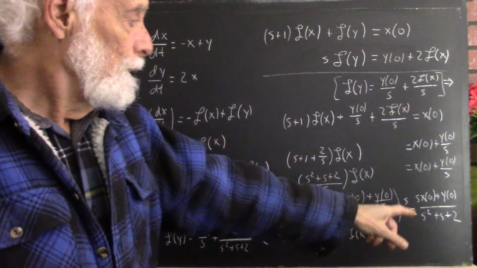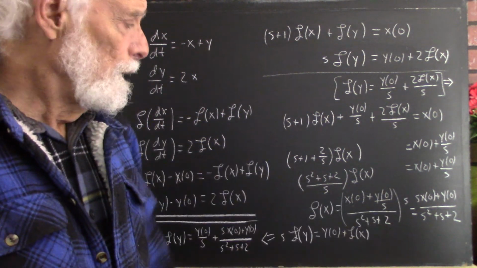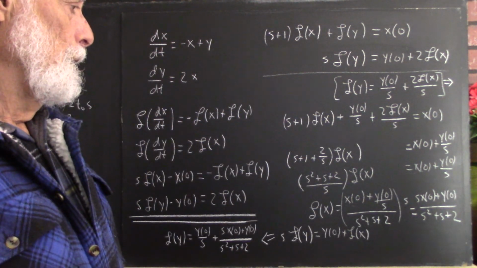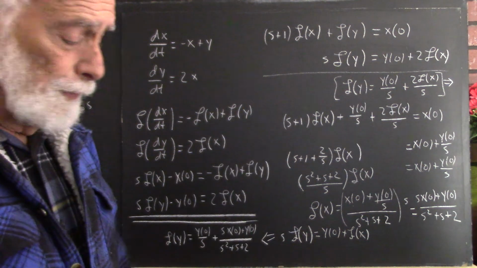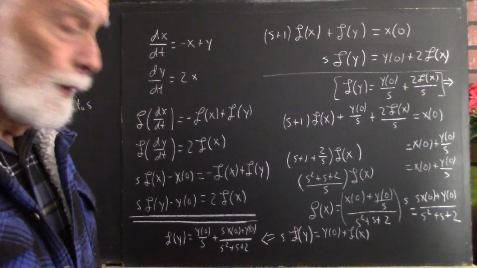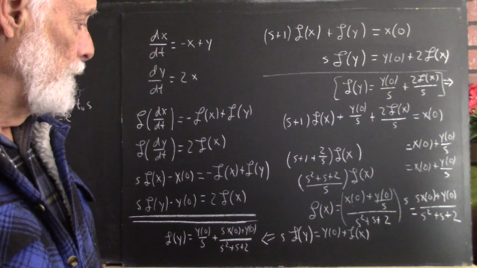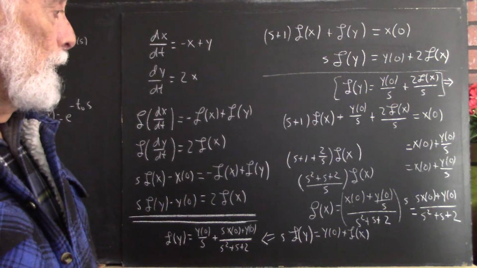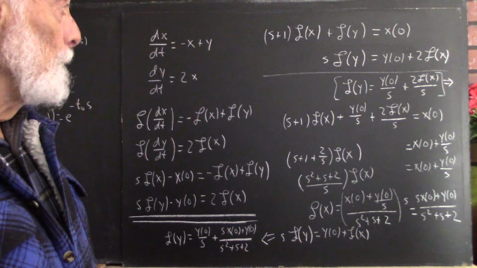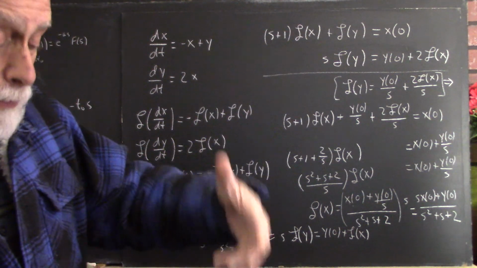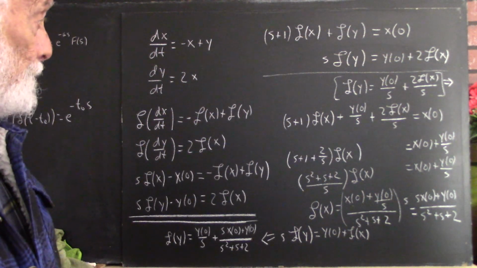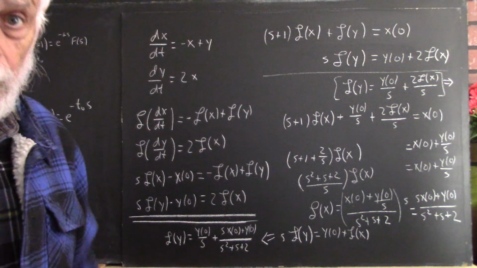Just makes your expression a little harder to factor. Inverse Laplace transform, just a little more work on the partial fractions, but it's not really a big deal conceptually, just a little more work. Okay, well, we're going to see an example. That's what we're going to do next.